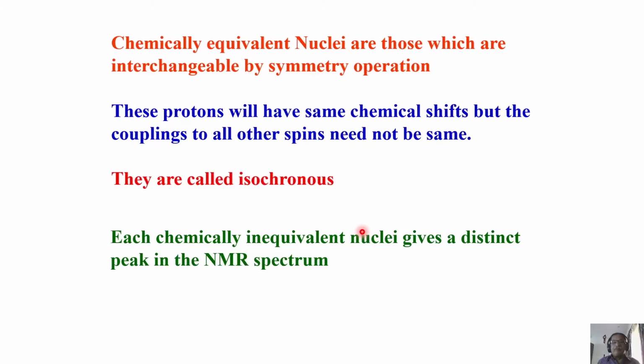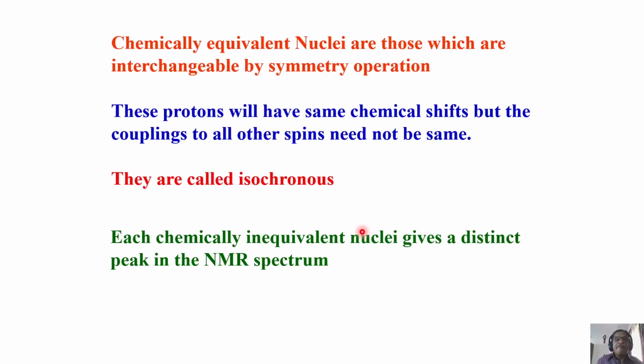Remember in the previous example, OCH3 and CH3. These are two different groups because the chemical environments were different. They are chemically inequivalent spins, and those two CH3s gave two distinct peaks.